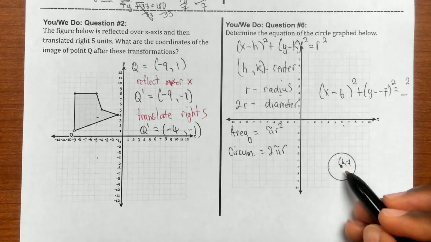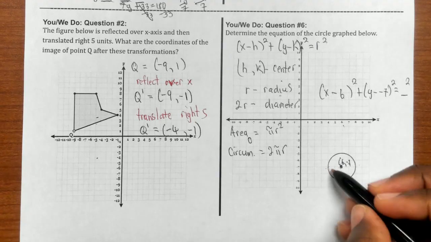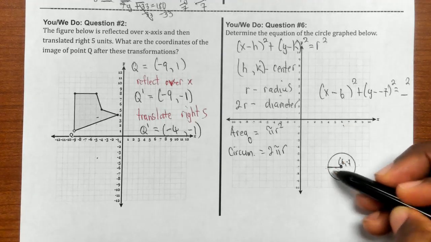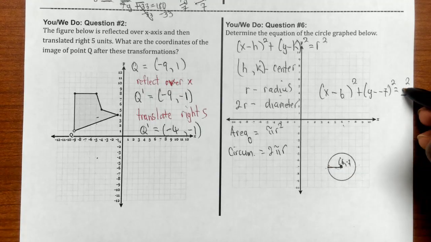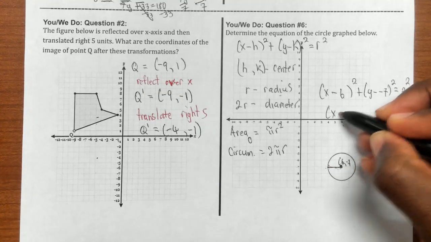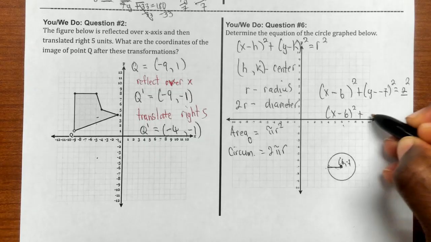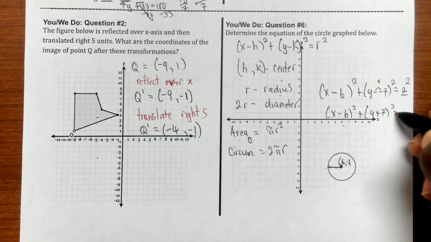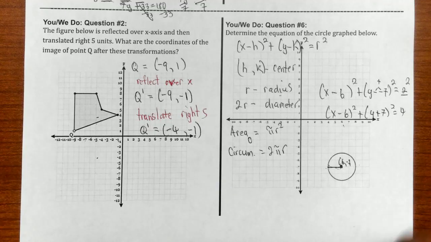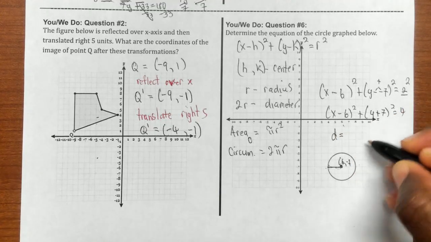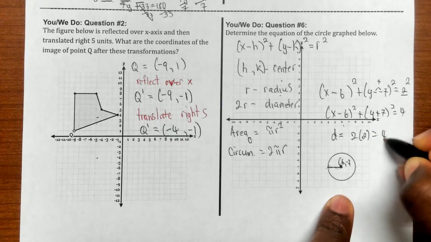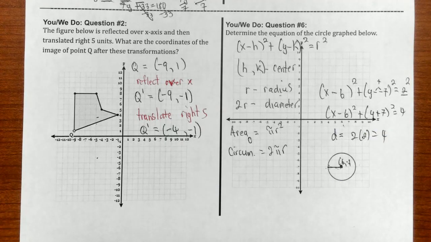My radius looks like it's 2 units, because we're going from 6 to 4, so that's 2 units. So it'll be x minus 6 squared plus y, negative negative makes that positive, so plus 7 squared equals 4. If I wanted to find the diameter, it would be 2 times the radius, so 2 times 2, which is also 4. So again guys, just like that.